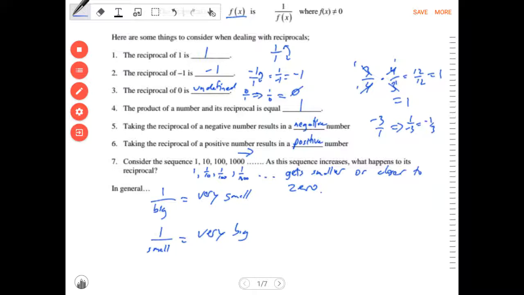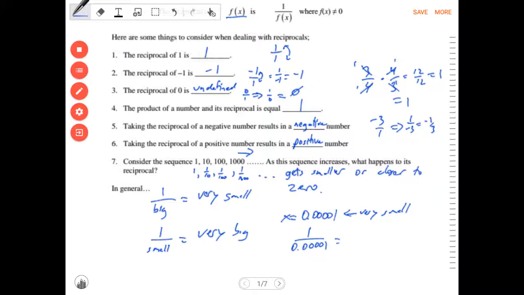Now, we didn't really do an example of 1 divided by small, so let's say x is 0.00001. I think we can agree that this is very small. So if I go 1 divided by 0.00001, 4 zeros and a 1, I'll get my trusty calculator out. 1 divided by 0.00001.